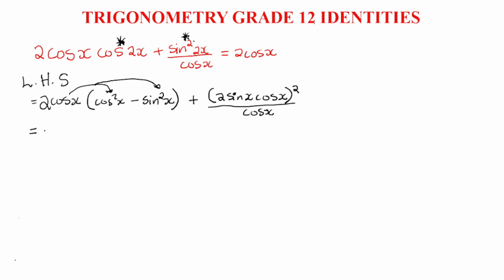The 2 will remain, so 2 cos x times cos squared x is going to give you 2 cos cubed x, and therefore minus, here we have sine squared x multiplied by 2 cos x.